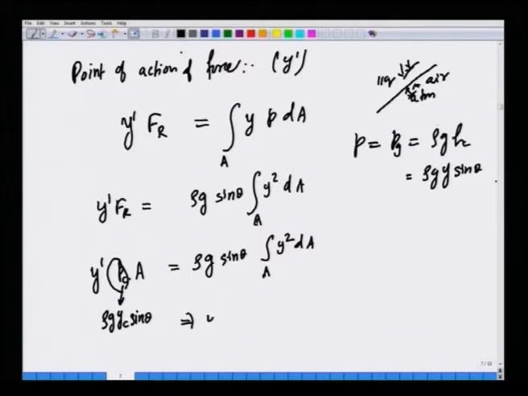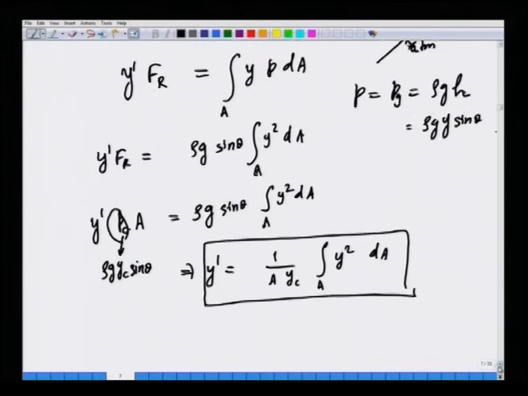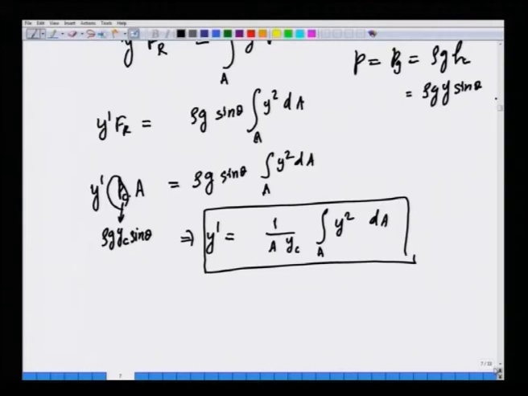So, this implies y prime is nothing but 1 by A y c, integral y squared times dA. There is this A here that comes in the denominator. This is the line of action of the force that is going to act on a submerged planar surface.